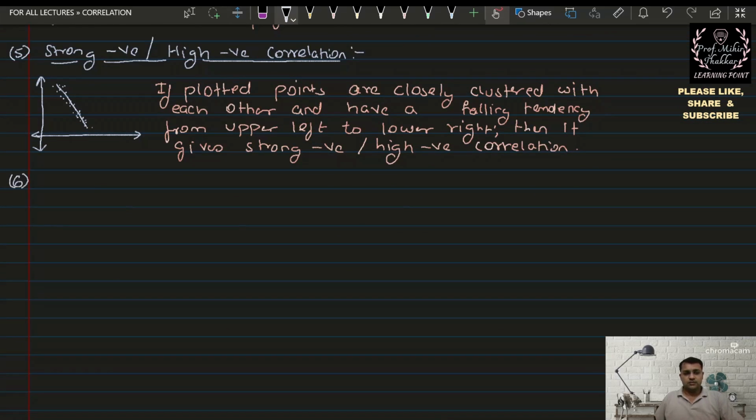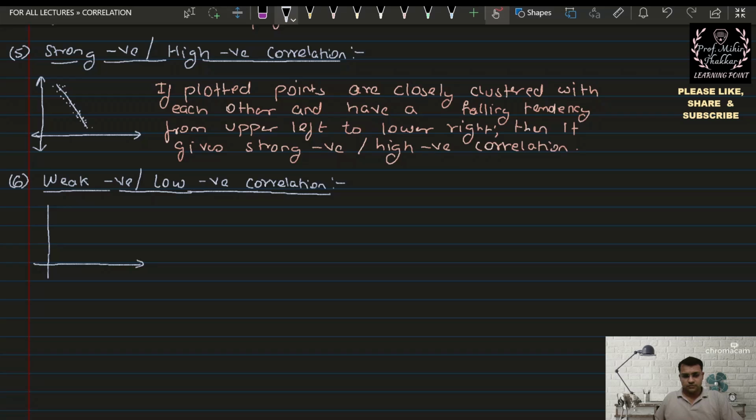And point number 6, weak negative or low negative correlation. Just similar to the previous case, the points will still have a falling tendency, but they are slightly far away from each other compared to the above case.